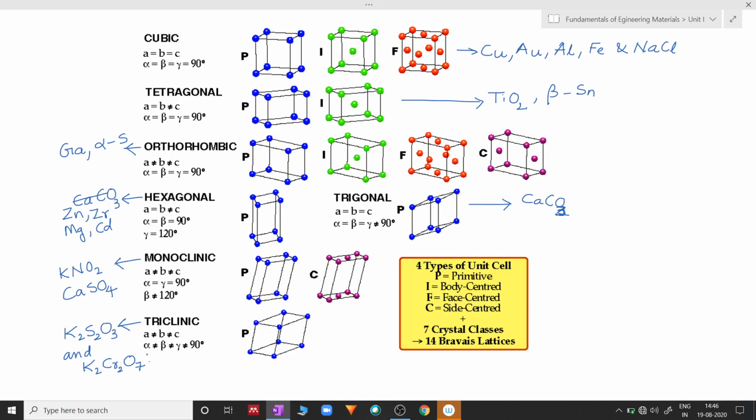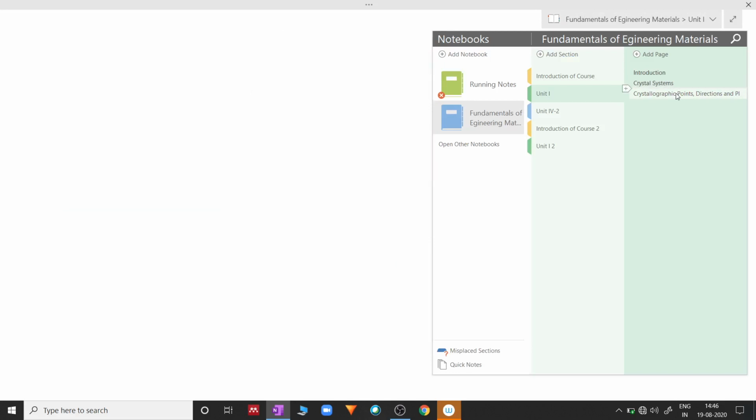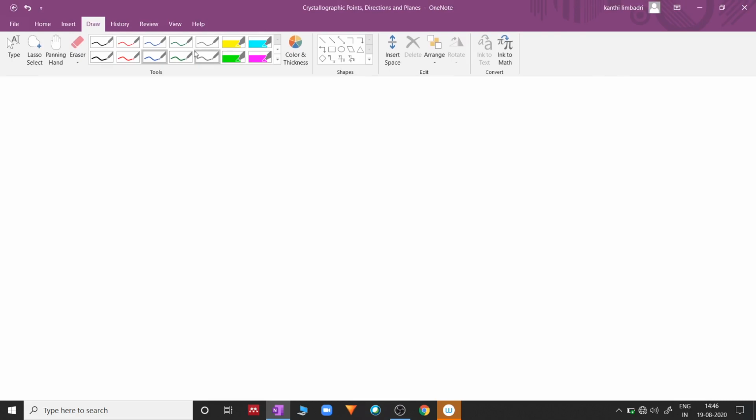Now we will start with the crystallographic points.